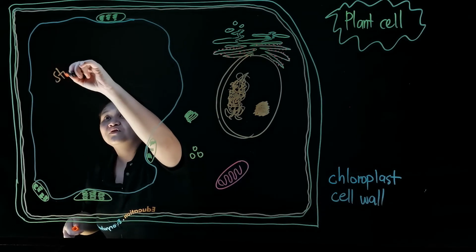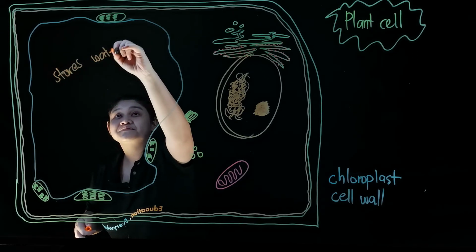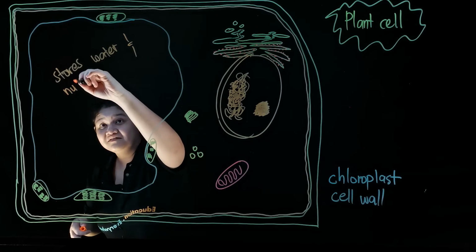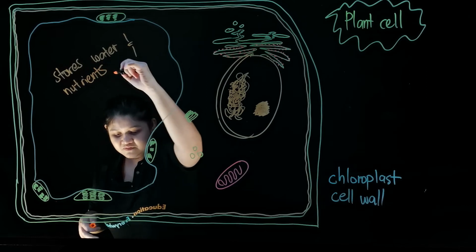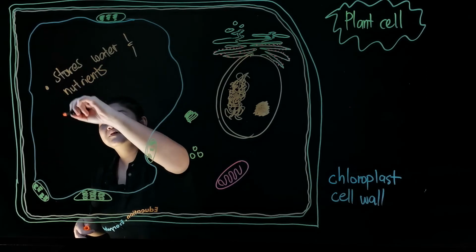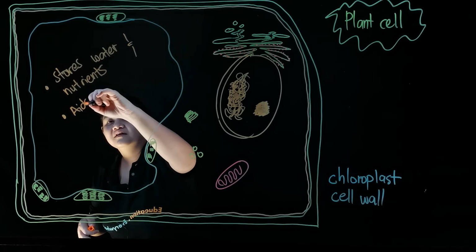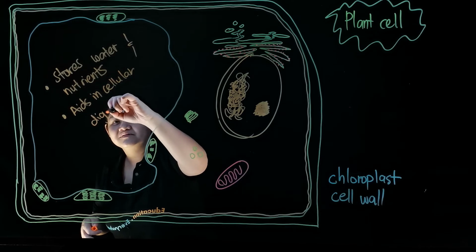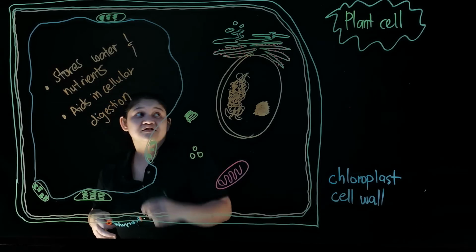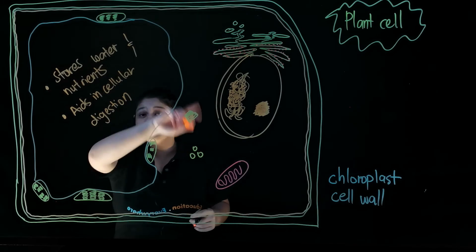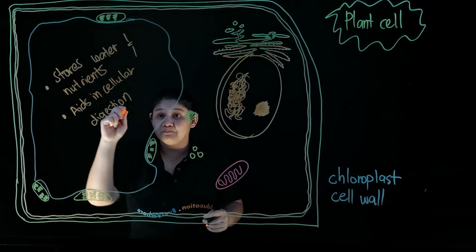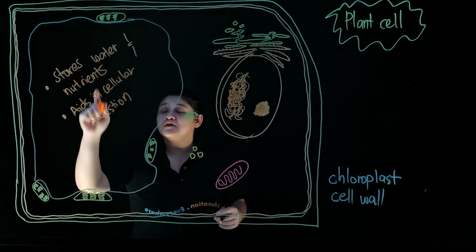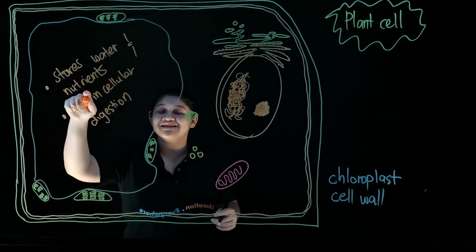It stores water and nutrients, and also aids in cellular digestion. The difference between plant cell and animal cell for the vacuole is that both use vacuoles for cellular digestion, but only plant cells use the vacuole to store water and nutrients.